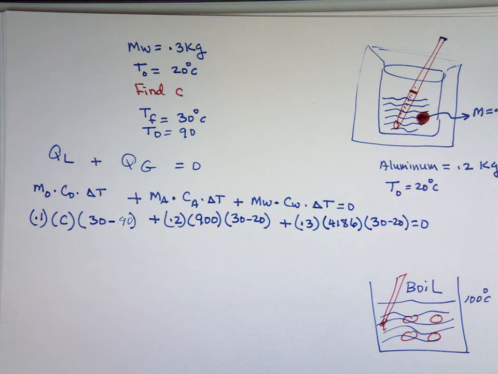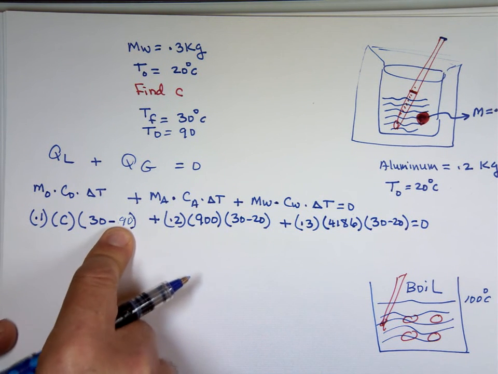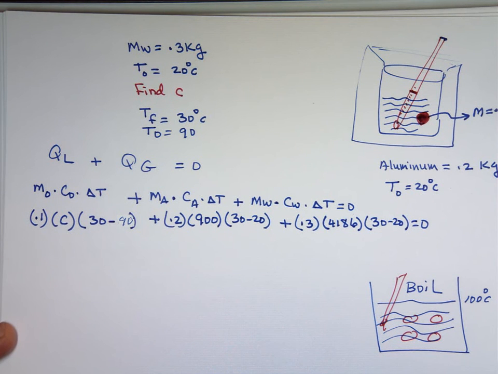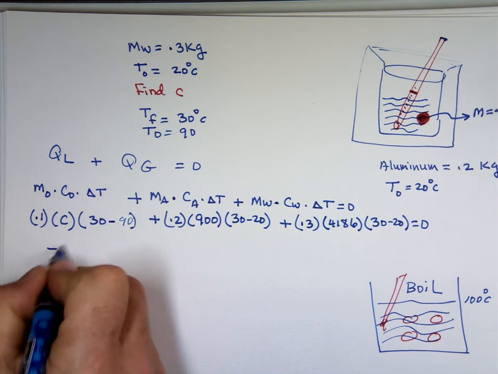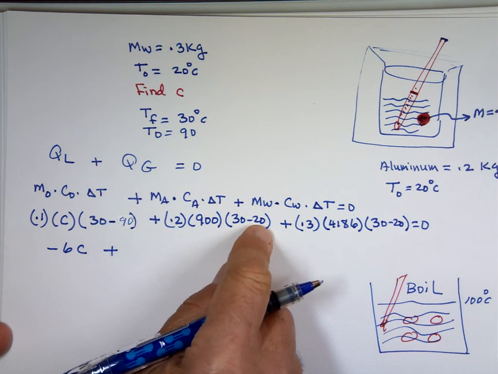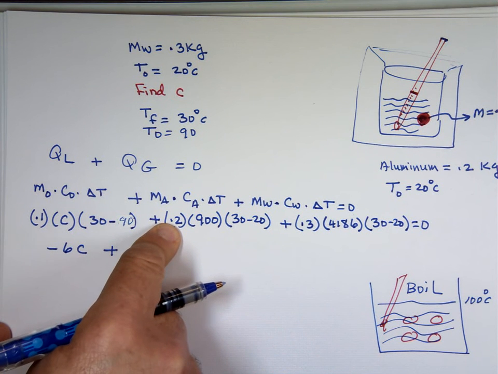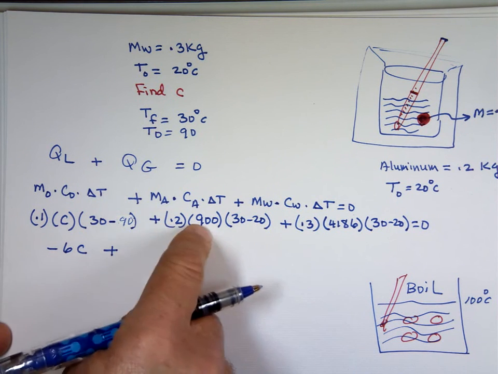This is negative 60, right? Times 0.1, negative 6C. 30 minus 20 is 10. 10 times 0.2 is 2. Times 900, that's 1,800.